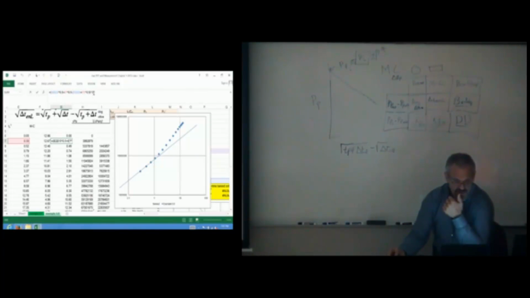I got it. In my formula, you see this last hat 2? I'm squaring the whole thing. Huh?